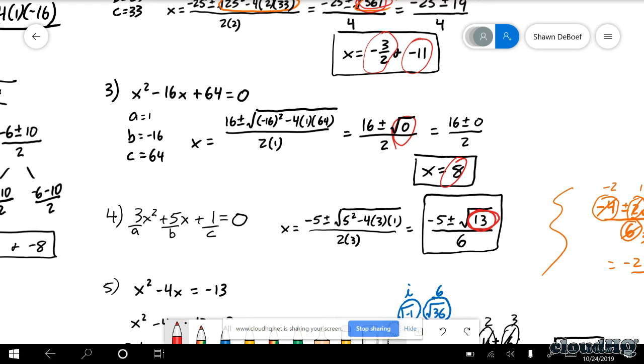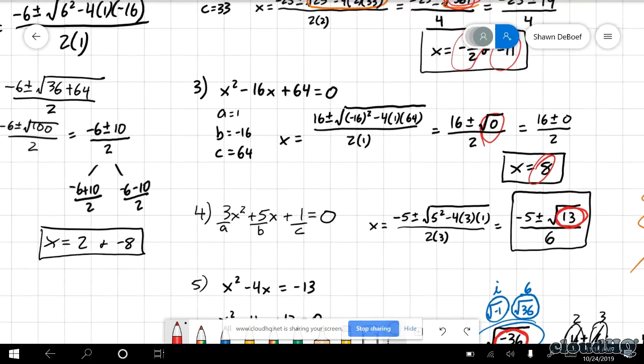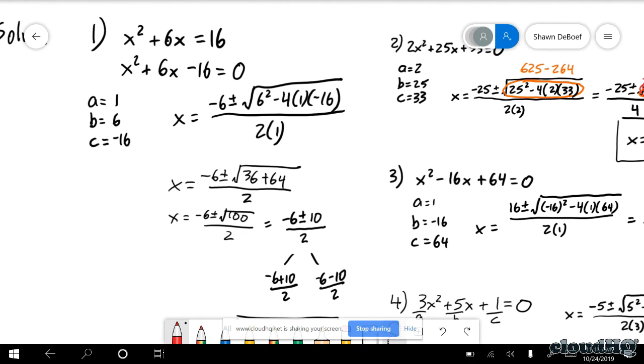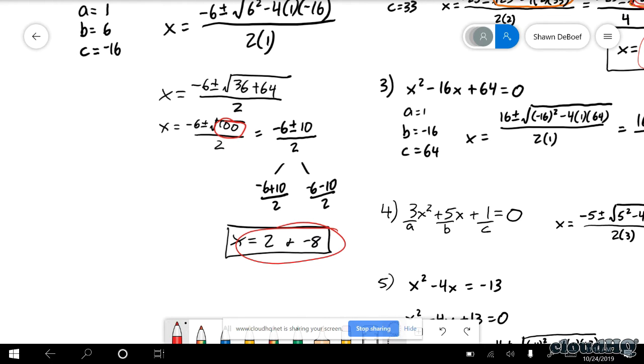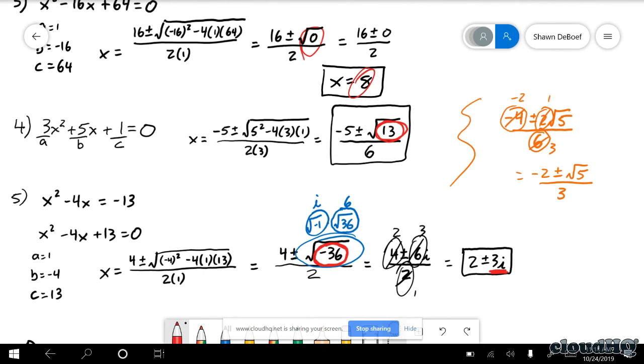Oh, well, there's only one of them, but it was rational. Let's go back over here. Here our discriminant was 100. That was also a perfect square, and so our answers were rationals. Go back to number 4 again. 13 was not a perfect square. Were our answers rational? No, they were irrational.